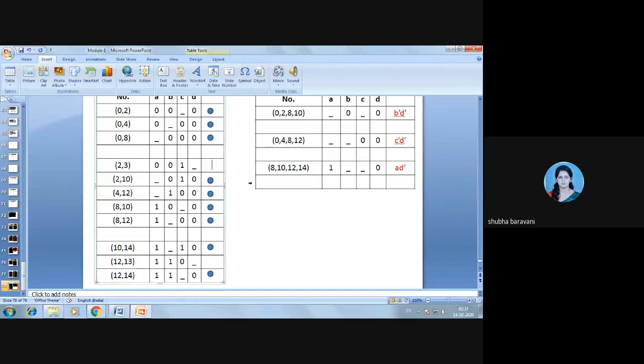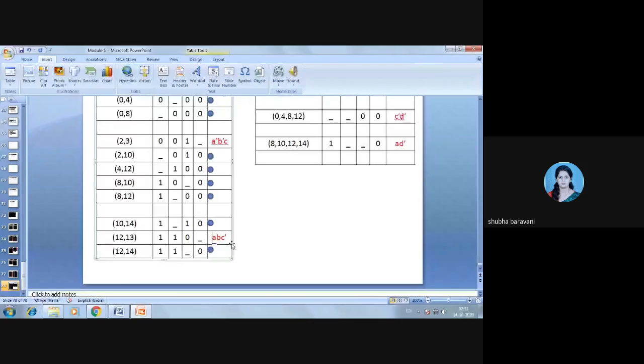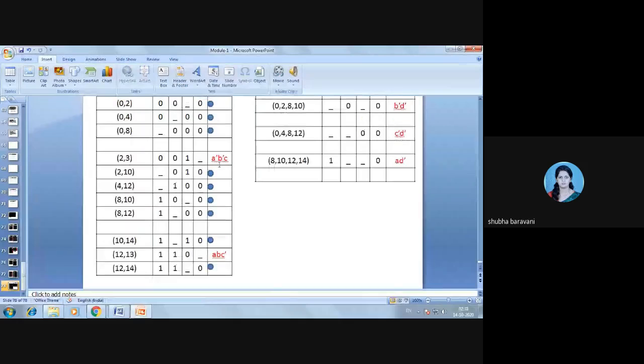So it is A bar, B bar, C. Okay, it is A bar, B bar, C. And here it is A, B, C. Now see, your expression has 5 PIs: A bar, B bar, C; A, B, C bar; B bar, D bar; C bar, D; and A, D bar.